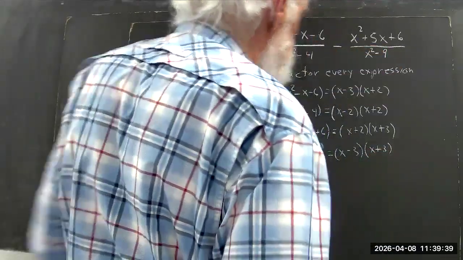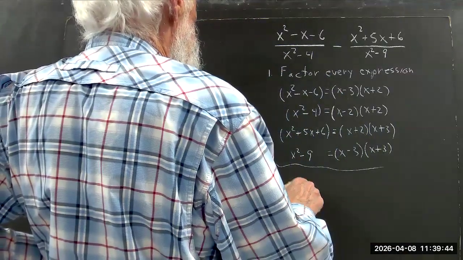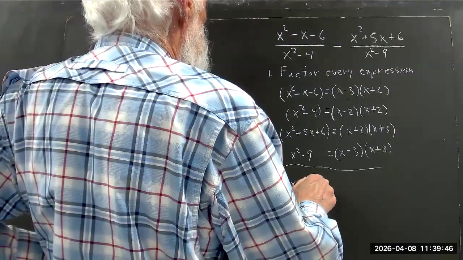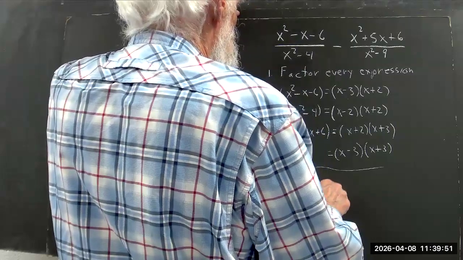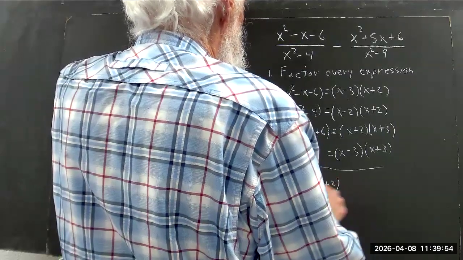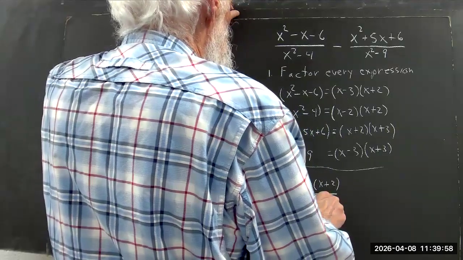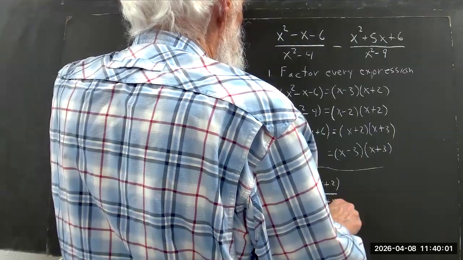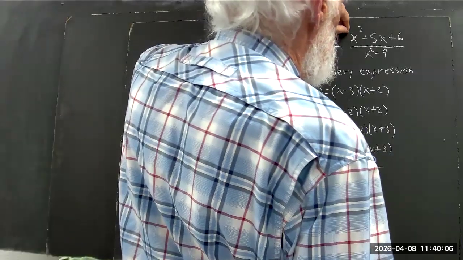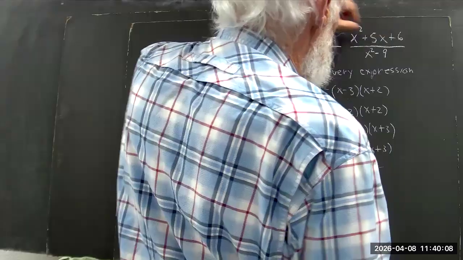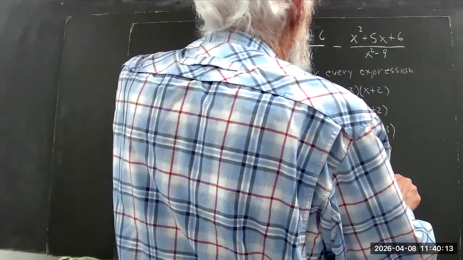So our calculation becomes: first numerator, x squared minus x minus 6, is x minus 3 times x plus 2. Denominator is x minus 2 times x plus 2. And then we subtract. The second numerator is x squared plus 5x plus 6, which factors as x plus 2 times x plus 3.